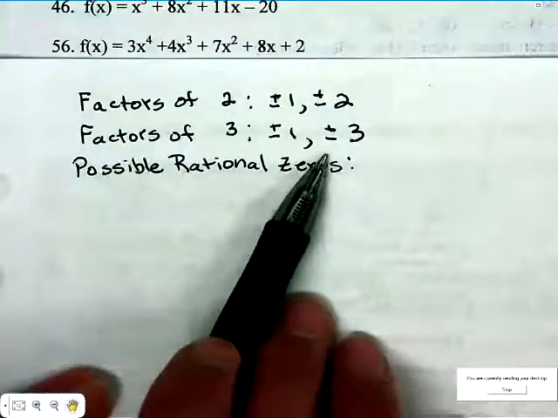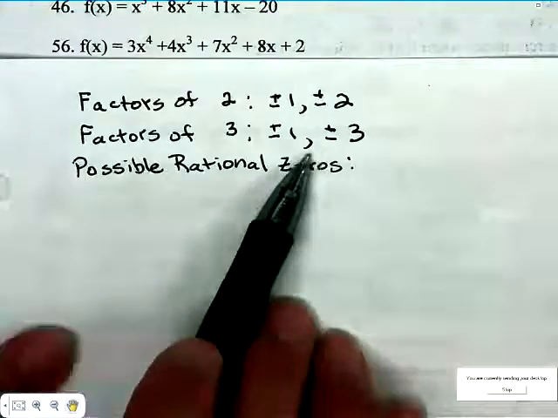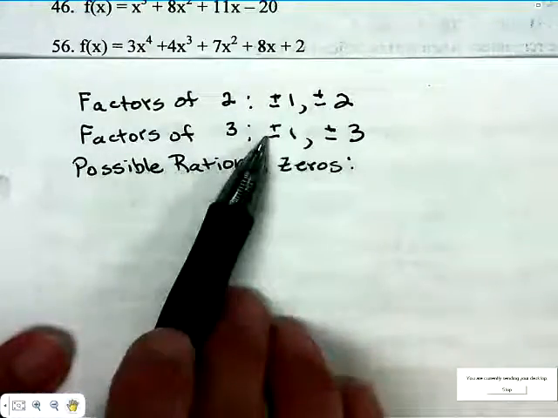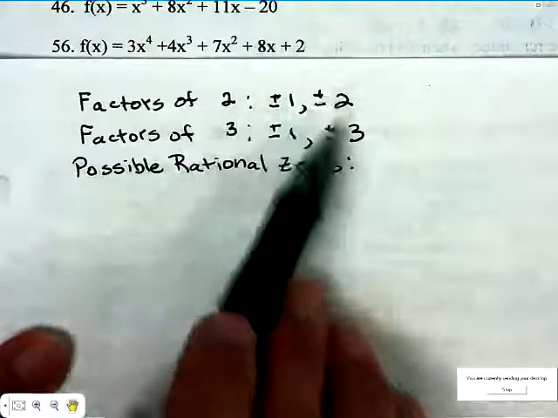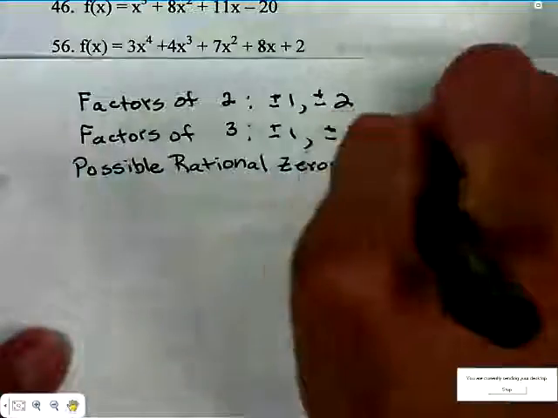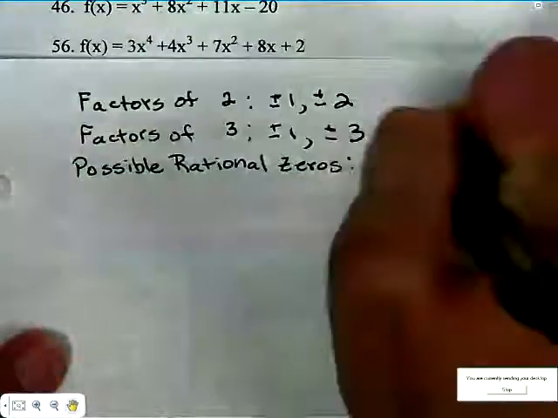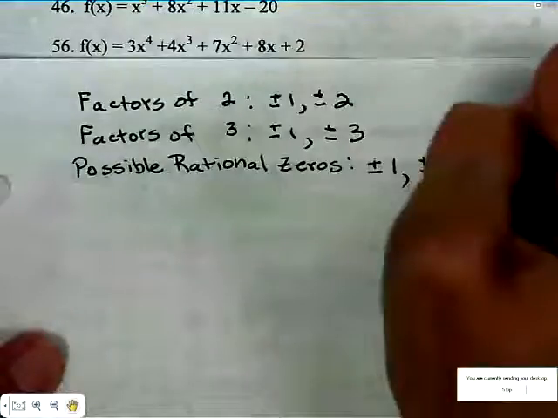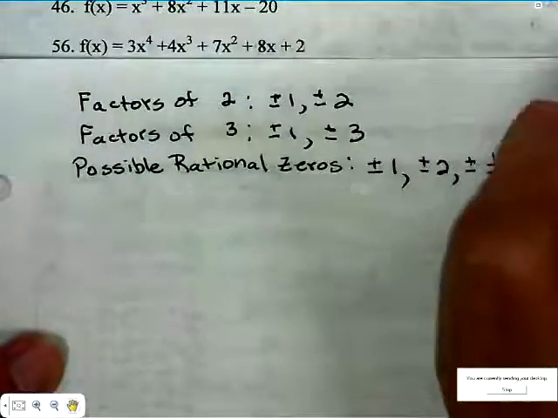The easiest way for me to make sure I have them listed is put the 1 over 1 and then the 2 over 1. The 1 over 3 and then the 2 over 3. 1 over 1 is just 1. 2 over 1 is 2. 1 over 3 is 1/3 and 2 over 3 is 2/3.